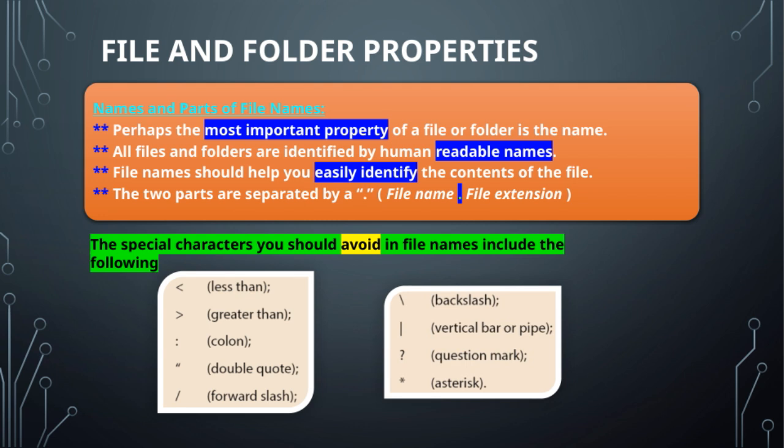It's important to understand that these characters often have specific functions within operating systems or software, so including them in file names can lead to errors or files not opening correctly. For example, a question mark is used for wildcards in searches, and a colon can be used to separate drive letters or timestamps.